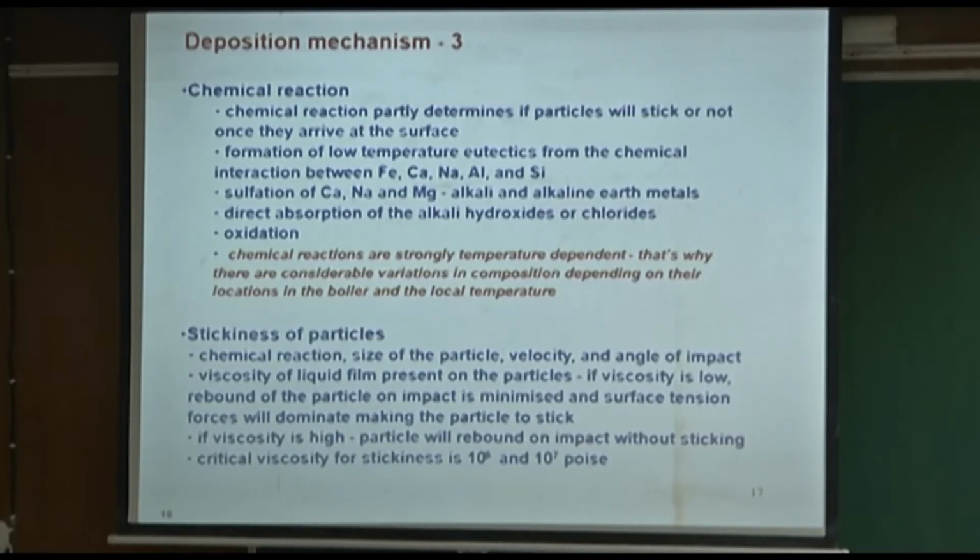So if you give them this ash analysis, they can calculate what the viscosity is. And if they see that it's beyond the critical range, then they will say, look, there will be a problem, so you have to have mitigation strategies to avoid or minimize the deposition problem.